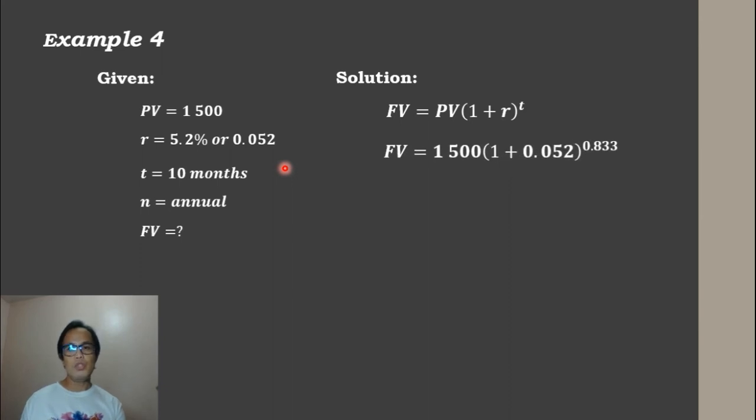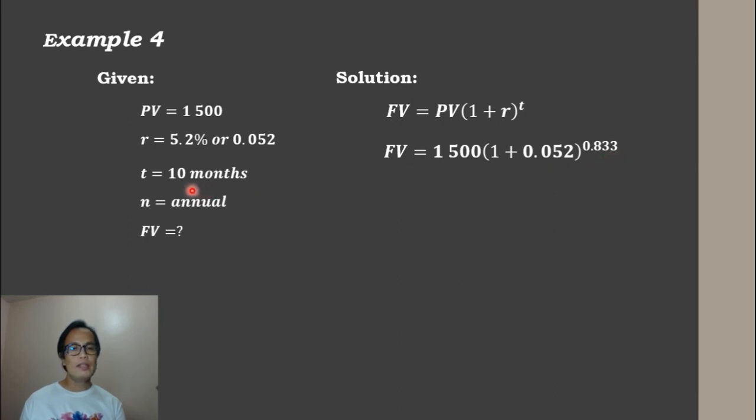So this time, we substitute these values. Our PV is 1,500 times the constant 1 plus the R, which is 0.052. Then we raise this to, using your calculator, 10 divided by 12, which is approximately 0.833.